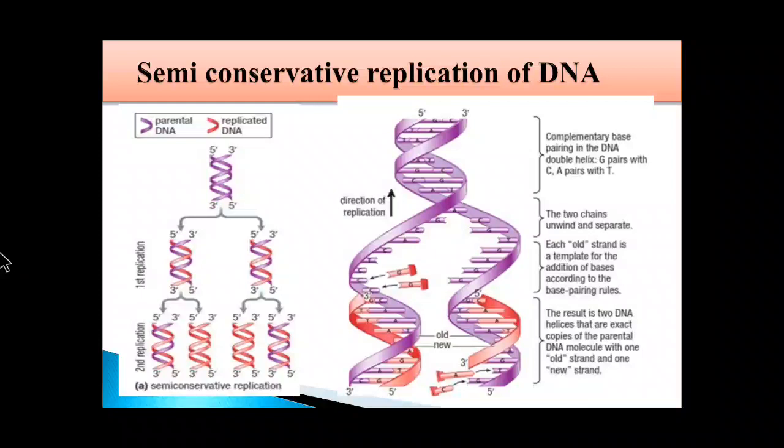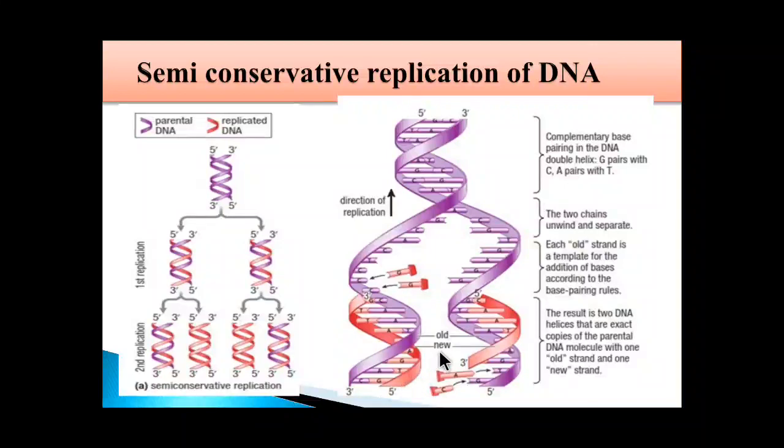Here you can see that the two strands of the DNA molecule unwind and separate from each other in a zipper-like fashion, and it occurs due to the breakage of the weak bonds between the base pairs. Now each strand acts as a template for the synthesis of a new strand. Here you can see this one is the new strand, the red one. The bases in the old strand act as a template and decide the complementary bases to be present in the new strand.